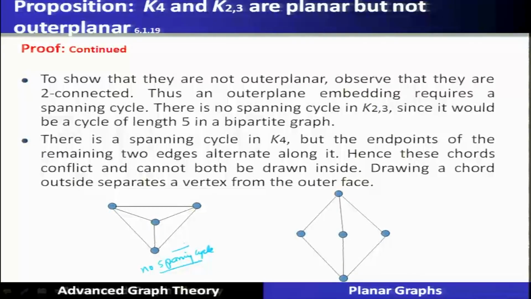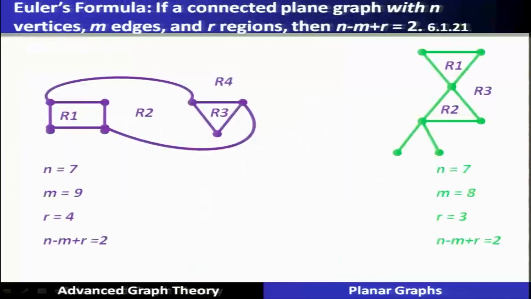Now there is a cycle in K4, but the endpoints of the remaining 2 edges alternate along it. Hence the 2 chords conflict and cannot be drawn inside. Drawing a chord outside separates the vertex from the outer face.